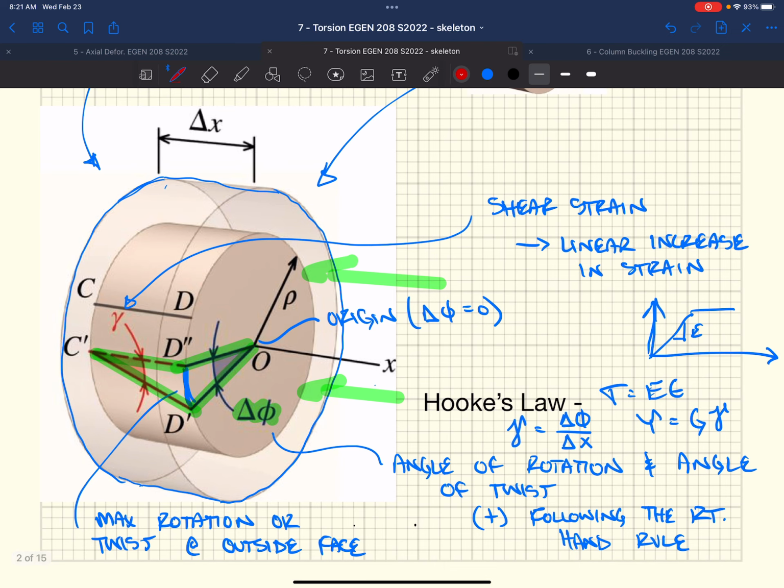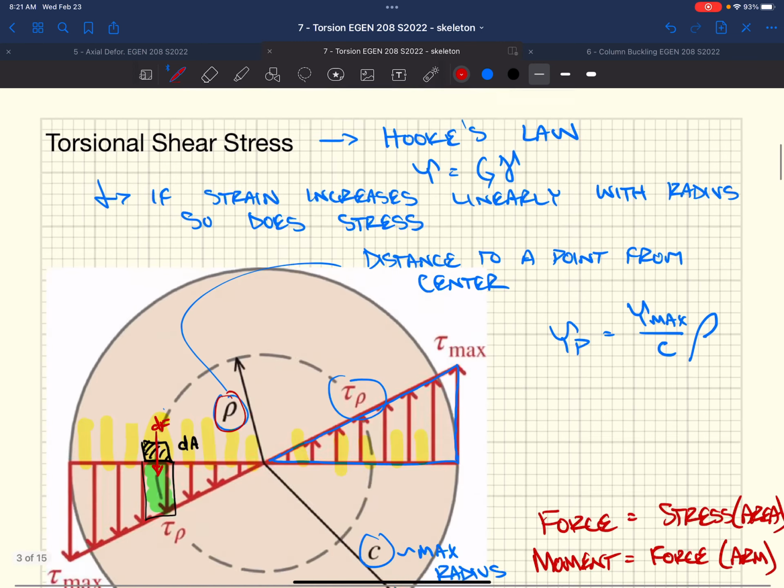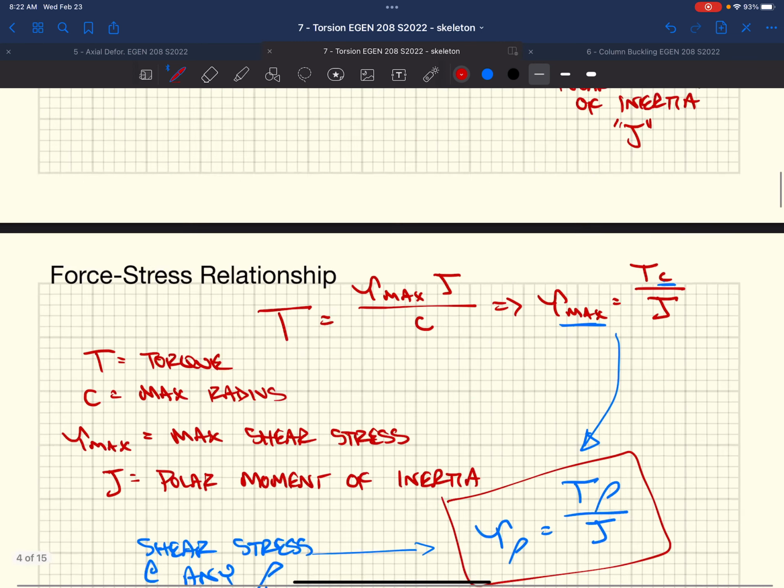As this shaft has an applied torque on it, we're rotating it. It's going to have some sort of strain associated with that rotation. And if we have a strain, we're going to have displacement.